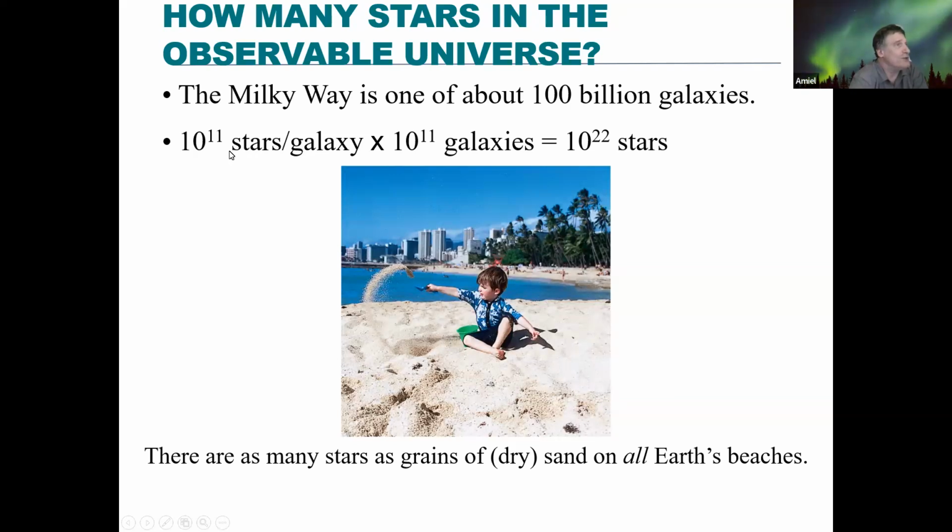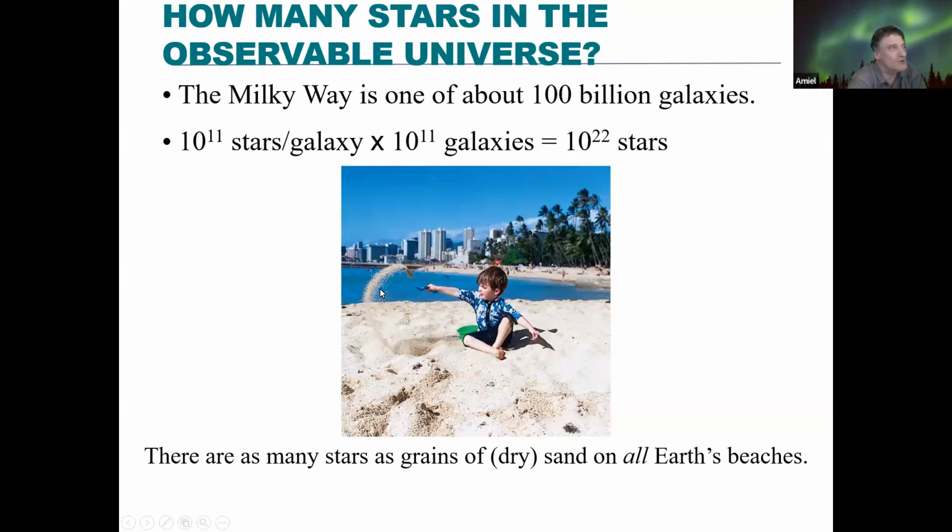So if you multiply 10 to the 11th times 10 to the 11th, you get 10 to the 22nd. That's a 10 with 22 zeros after it. That's about the same number as all the grains of sand on all the beaches of planet Earth, is how big 10 to the 22nd is.